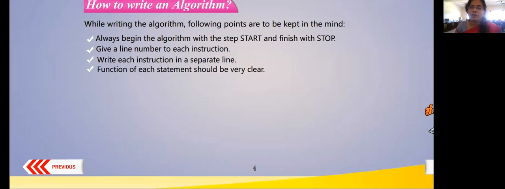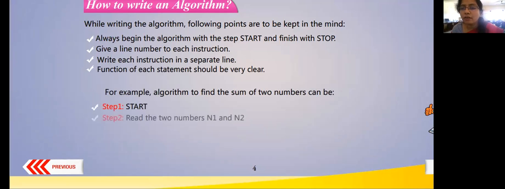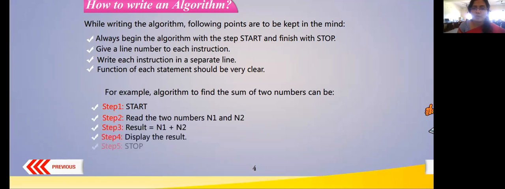When we are writing an algorithm, we need to keep some points in mind. So let me take you through those points. While writing algorithms, we are supposed to follow these particular points. The first one: always begin the algorithm with the step called start, and end with stop. Like your PT teacher, whenever you are having a race, says get set go, likewise the computer is not a human being, so it needs to understand.